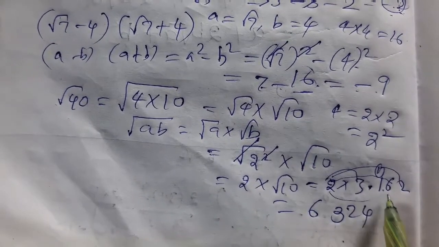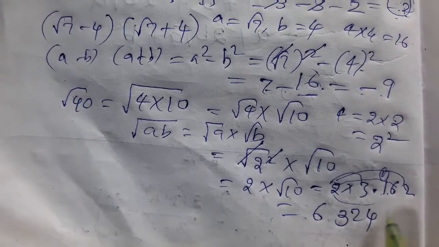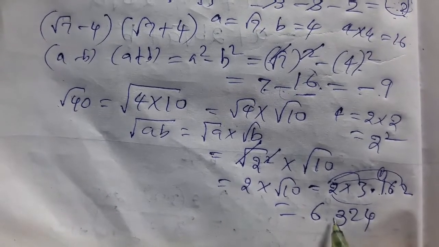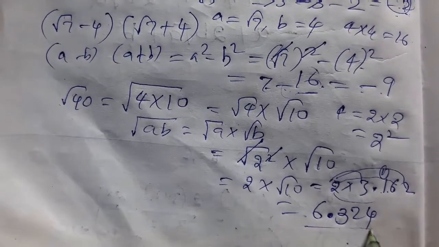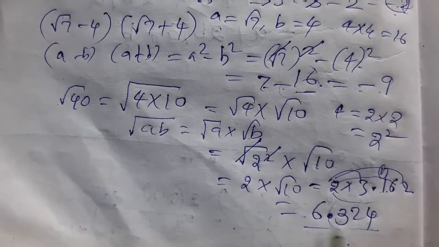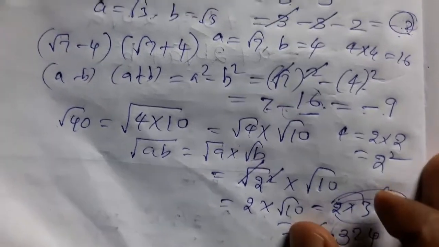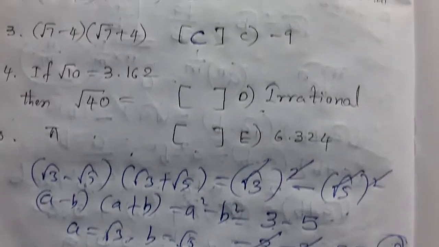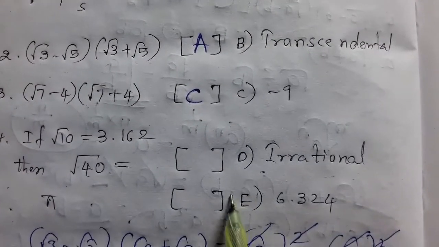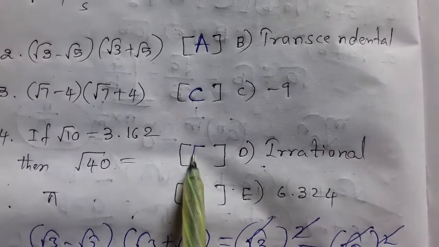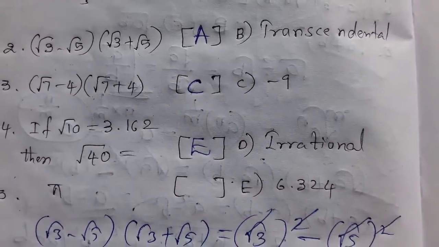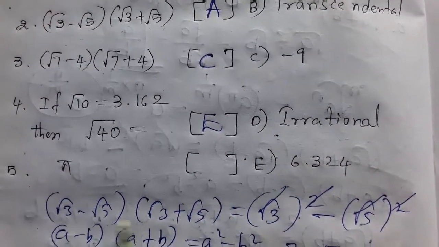After the decimal point, how many digits are there? 1, 2, 3. So put the decimal here, with 3 digits after the decimal point. Yes, 6.324 is the answer to the given question. Option number E is the answer of the fourth question.